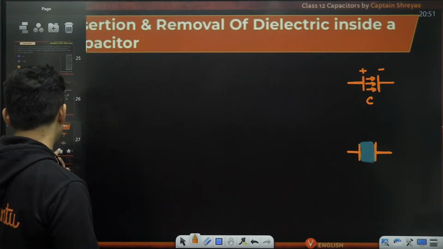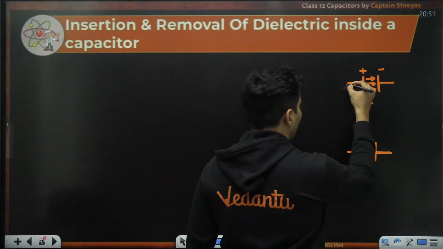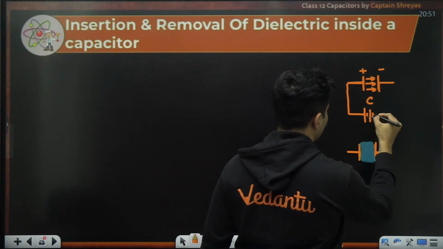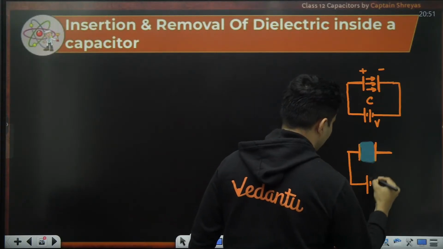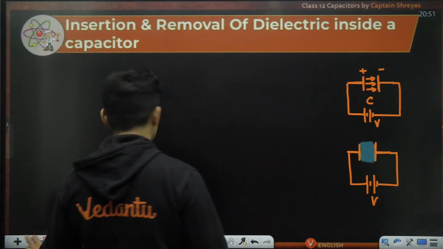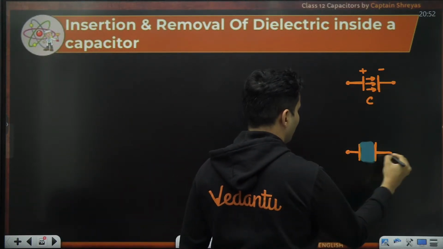But there are two scenarios in this. What are those two scenarios? One of the scenarios is when there is a battery connected to the capacitor while all of this is happening. And the other scenario is when there is no battery connected.